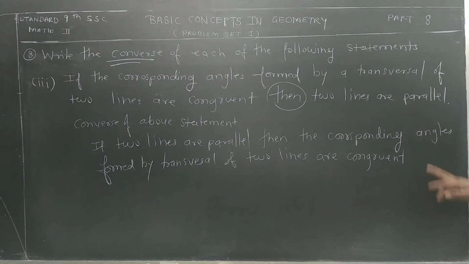If two lines are parallel, then the corresponding angles formed by a transversal of two lines are congruent.